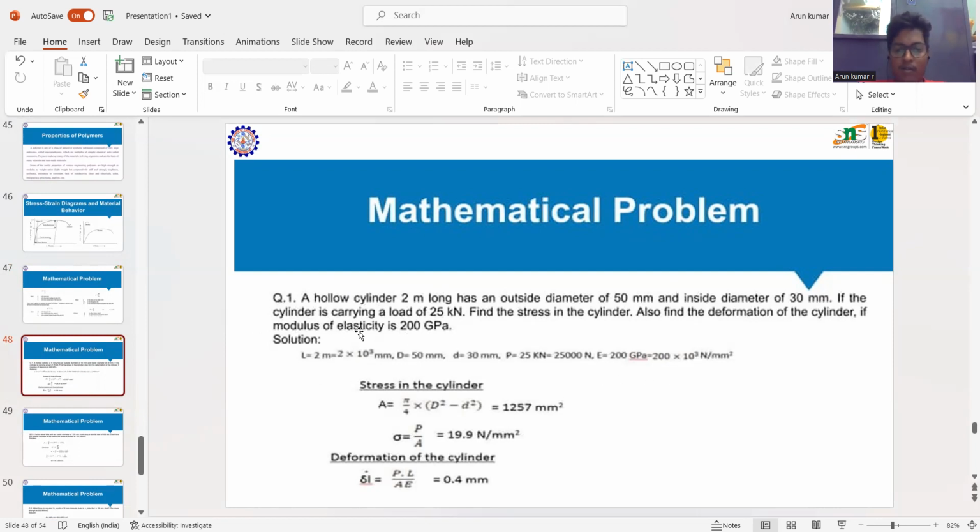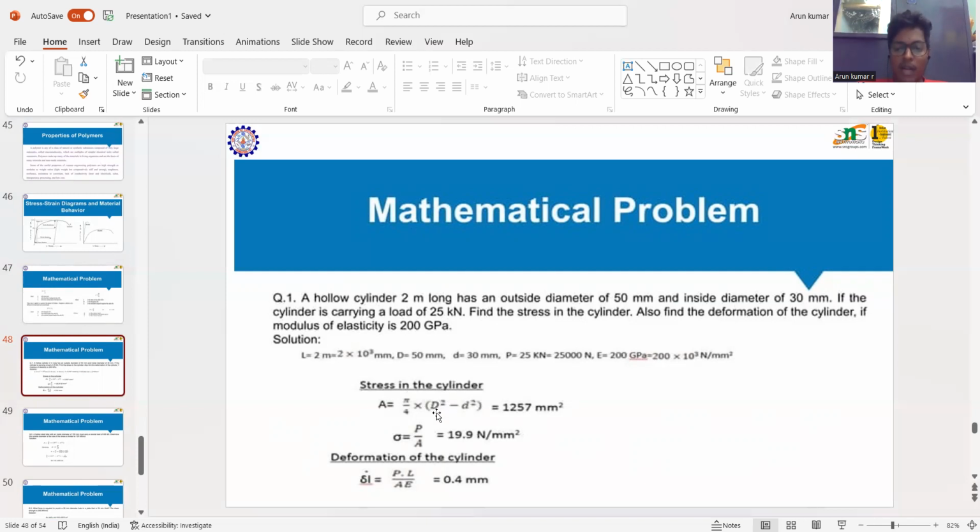So what is the main objective of this problem? To find the stress and deformation of the cylinder. The formula of stress is load by area. Here the area is a hollow type, so we need to find the area of the hollow cylinder. The formula to find the area of the hollow cylinder is pi by 4 into outer diameter squared minus inner diameter squared.